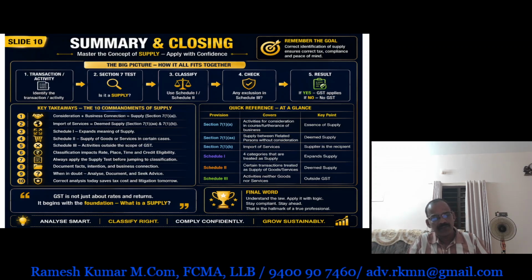Always remember, GST is not only about the rates and returns. It begins with one foundational question: what is a supply? If we identify the supply correctly, classification becomes easier, compliance becomes more accurate, and disputes can often be avoided practically.